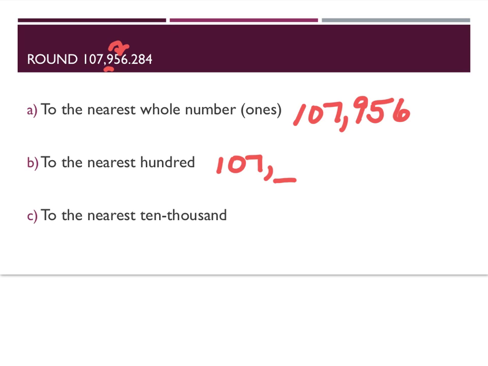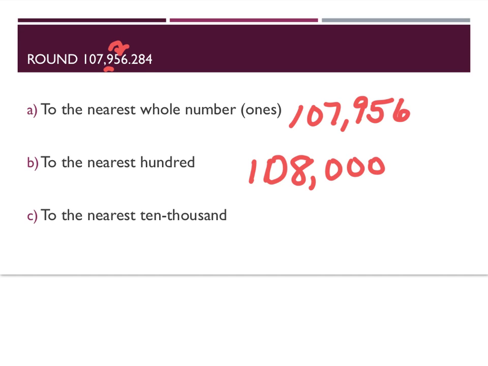So to round correctly, my 7,000 is going to have to round up to 8,000 so that my 9 rounds up to 10.